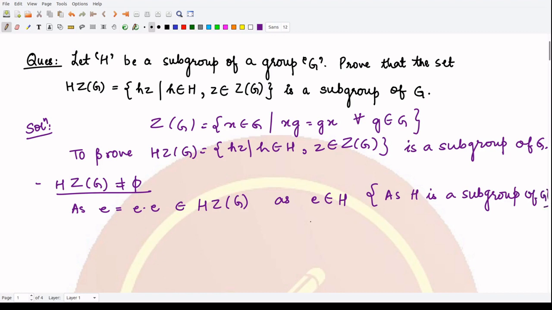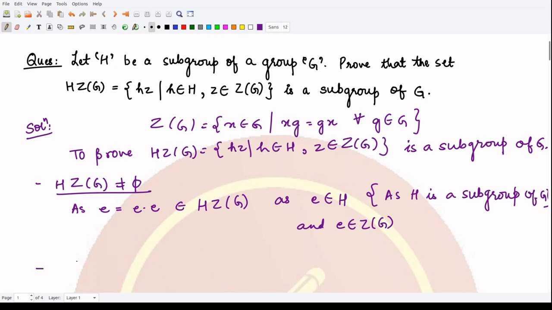And moreover, e also belongs to the center of G. Why? Because it commutes with all other members. Therefore, their multiplication, which is e, is present definitely in this subset, right? So this subset is non-empty.